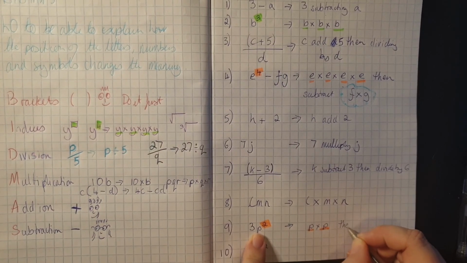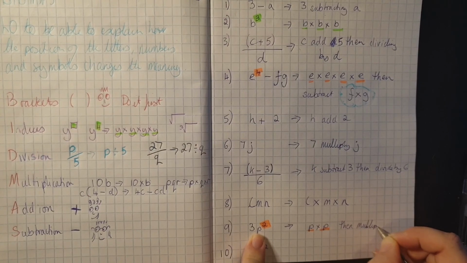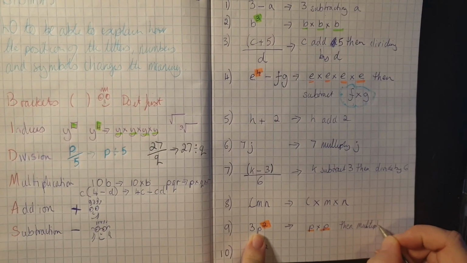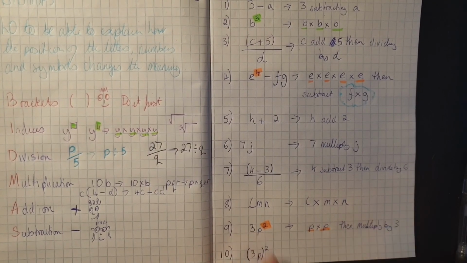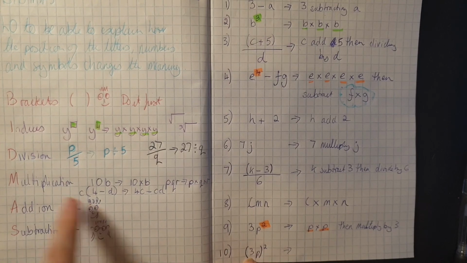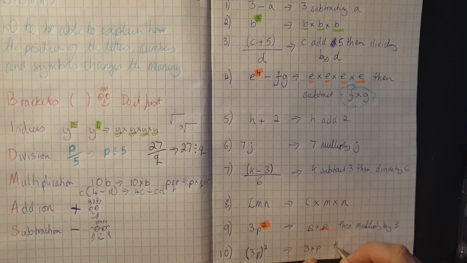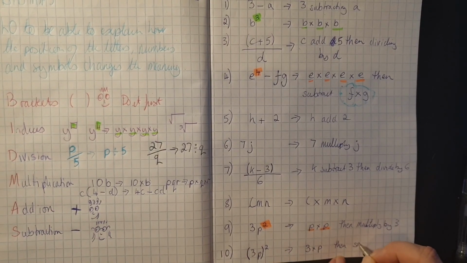Then we multiply by 3. This one, however, the brackets are around the 3 and the P. That means we do 3 multiplied by P, then we square it.